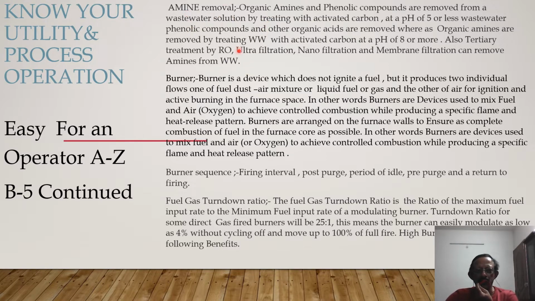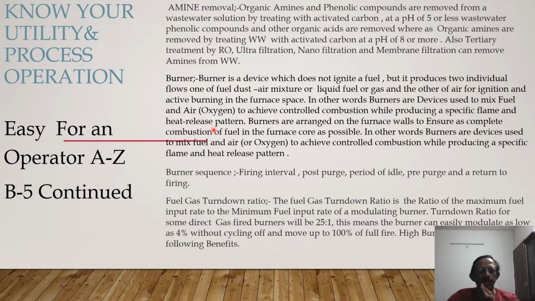Also, amine is used in LNG plant in the AGRU to remove H2S and CO2. In the wastewater, you can have an activated carbon bed. We can increase the pH to more than 8, then treat the wastewater.